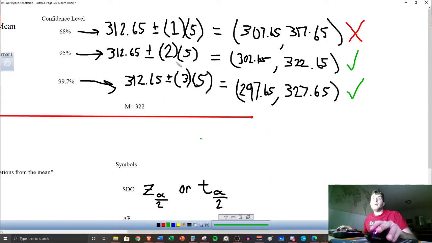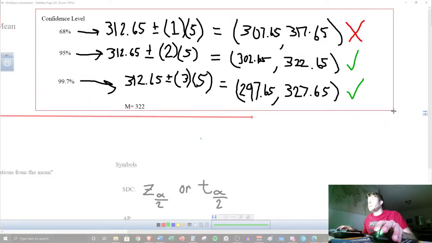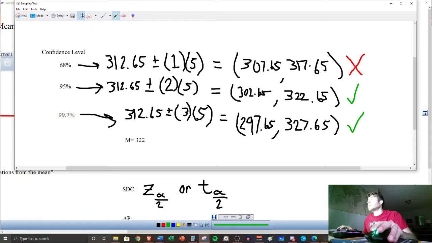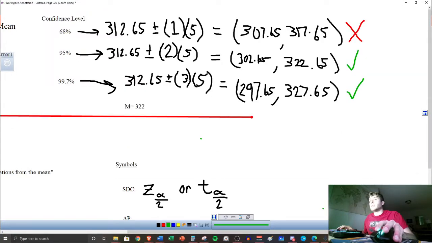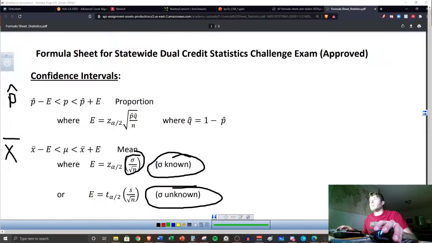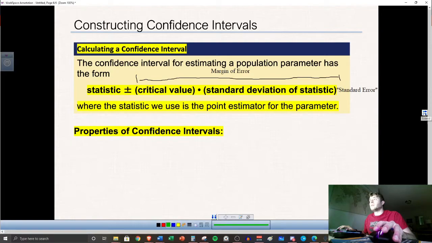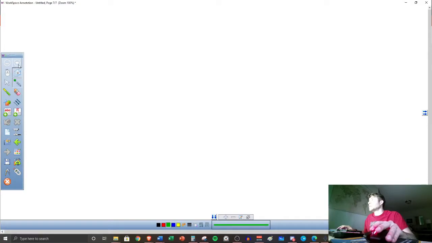So yesterday we had these confidence intervals, and I'm going to go ahead and start a new page with these. Let's paste these onto a new document.